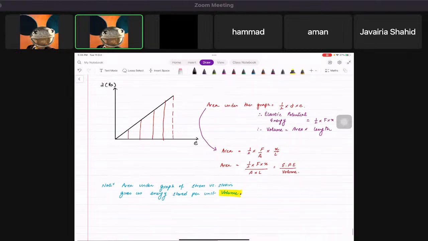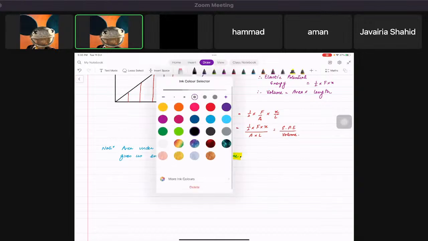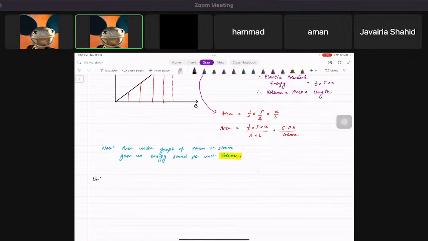Okay. Now, from this point onwards, we're going to look at understanding the force and extension graph of rubber. Something very, very important actually.